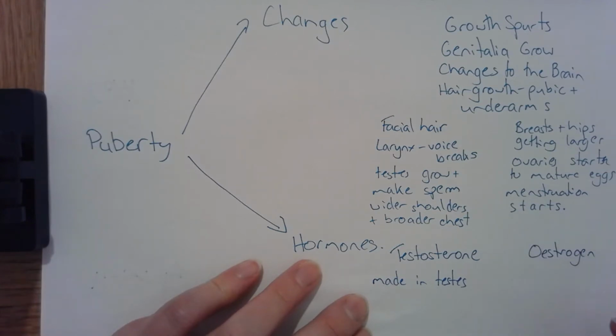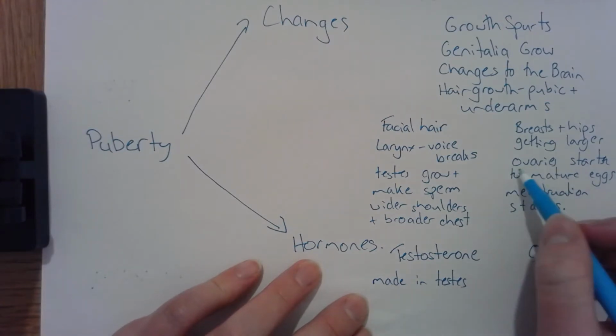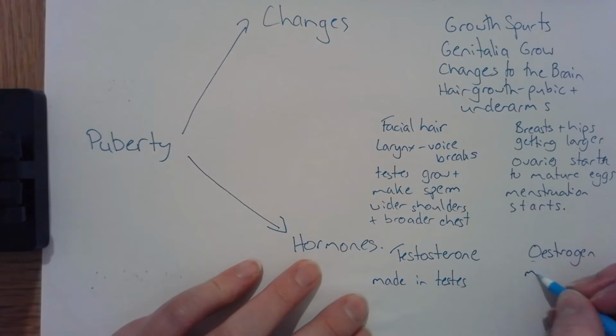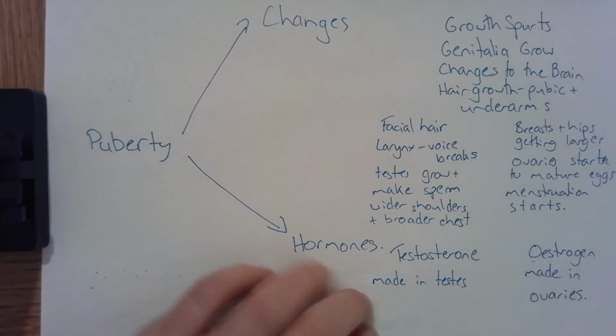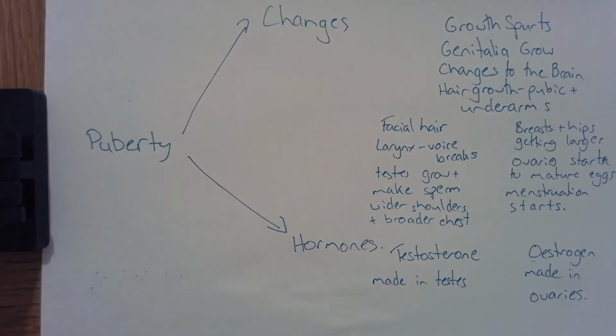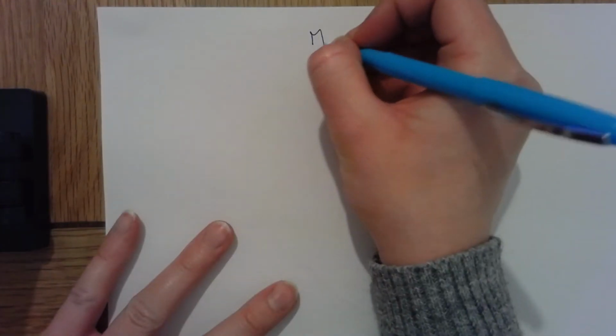It's not quite as nice in terms of how it's named, but it starts with an O and is made in the ovaries. So the next thing that you are expected to know about is the menstrual cycle.